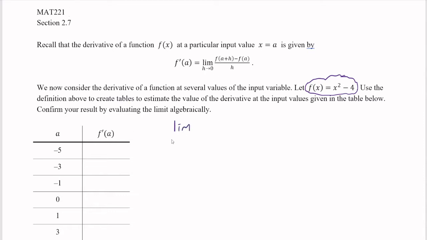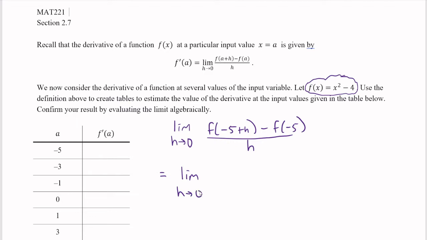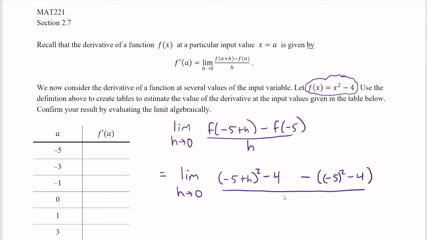It's the limit as h goes to 0 of f of negative 5 plus h minus f of negative 5 over h, using this definition, which is equal to, let's plug in the actual function: negative 5 plus h squared minus 4 minus negative 5 squared minus 4. And don't forget, this is all under the square here, all over h.